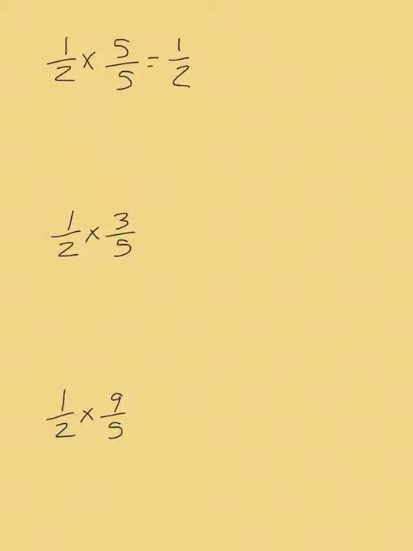We have 1/2 times 3/5, and 3/5 is a fraction that is less than 1. So we know that 1/2 times something less than 1 is going to be less than 1/2. And then 1/2 times 9/5. 9/5 is a fraction that's greater than 1, so we know that answer is going to be greater than 1/2.